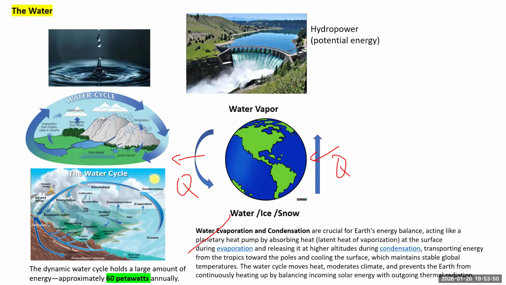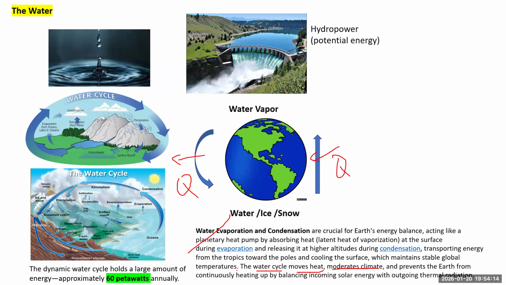Therefore, it can transport energy from the tropics toward the poles and cool the surface, which maintains stable global temperatures. The water cycle moves heat, moderates the climate, and prevents the Earth from continuously heating up by balancing incoming solar energy with outgoing thermal radiation.